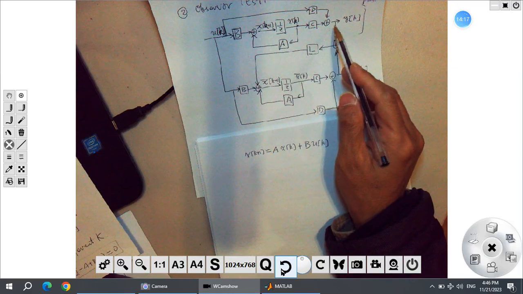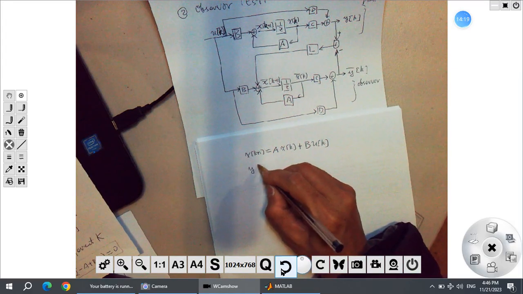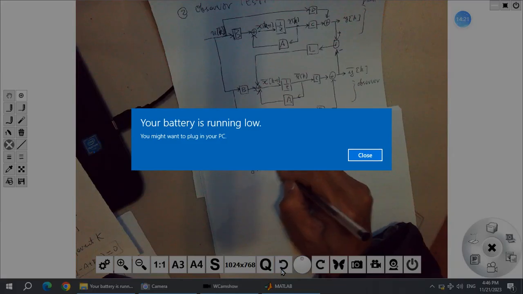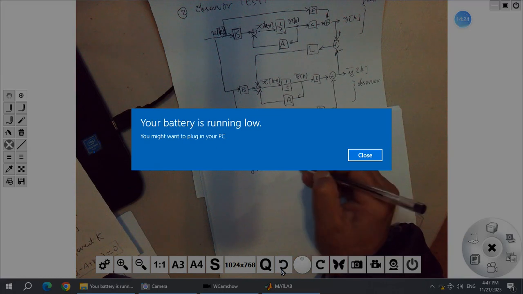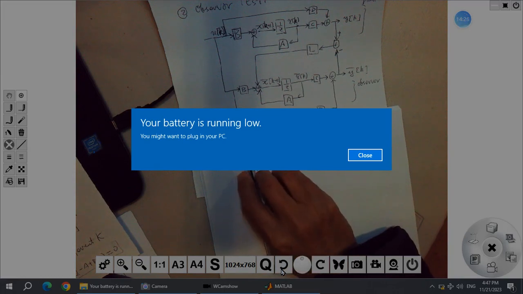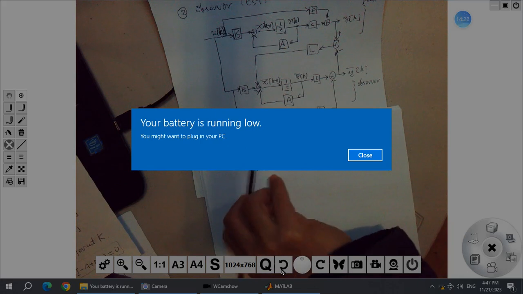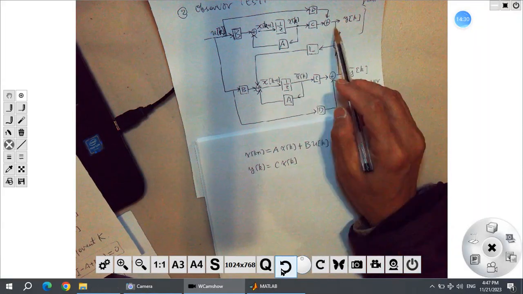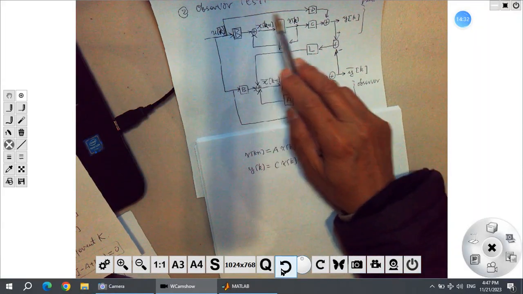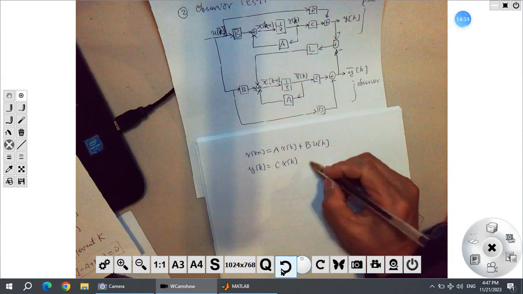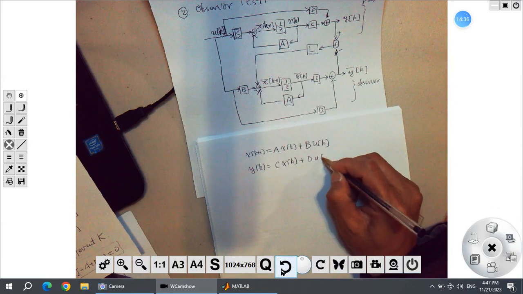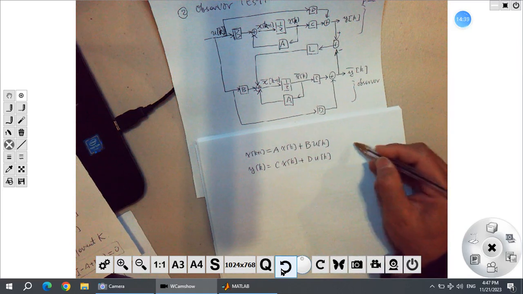And then y of k equals C times x of k and D times u of k. Right, this is the plant.